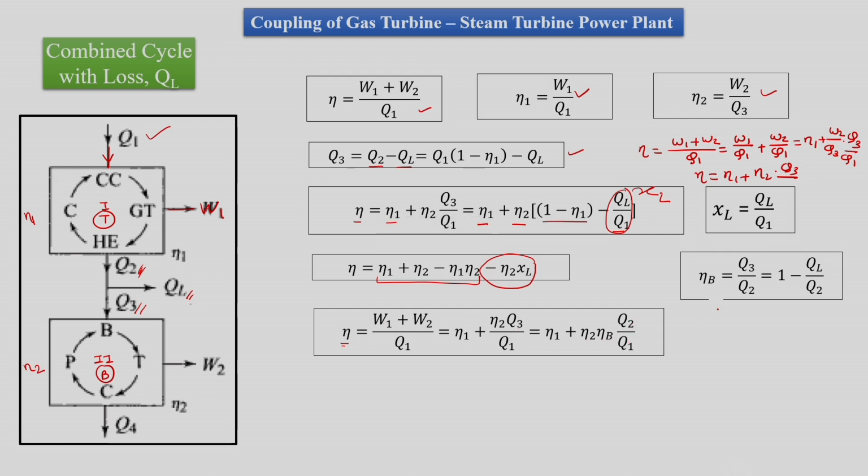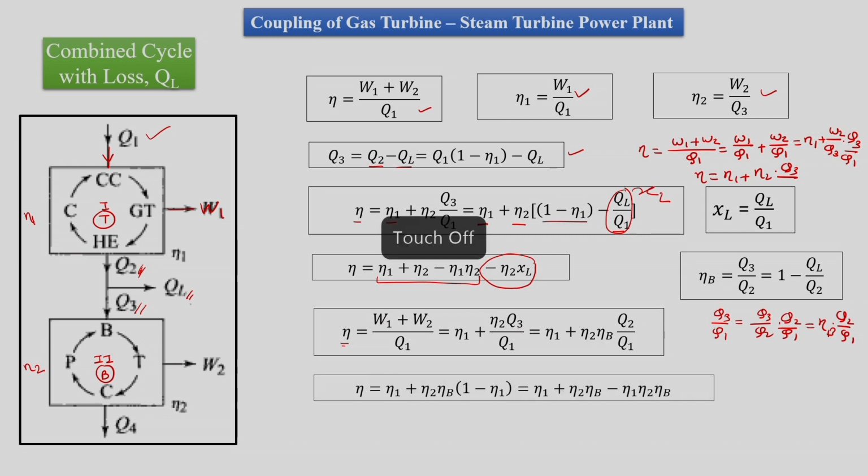Again the same thing here, Q3 upon Q1 is written as Q3 upon Q2 into Q2 upon Q1, where Q3 upon Q2 is eta B into Q2 upon Q1. So, we get the expression eta 1 plus eta 2 into eta B into Q2 upon Q1.